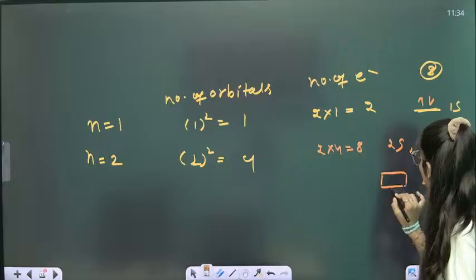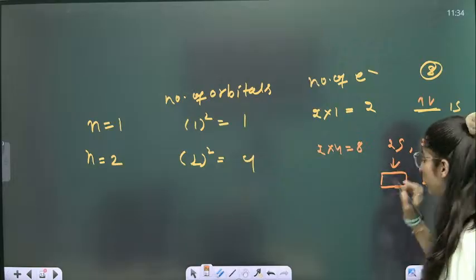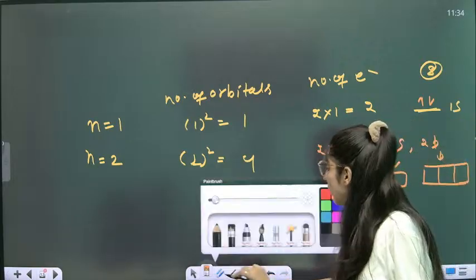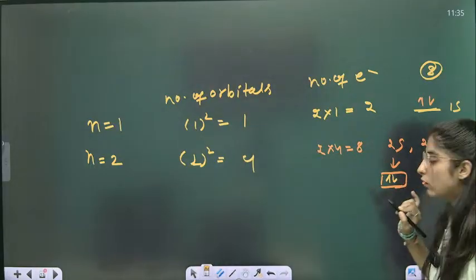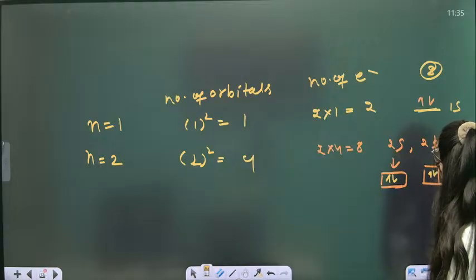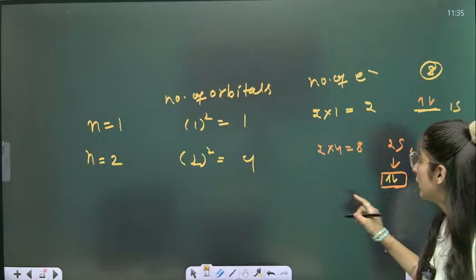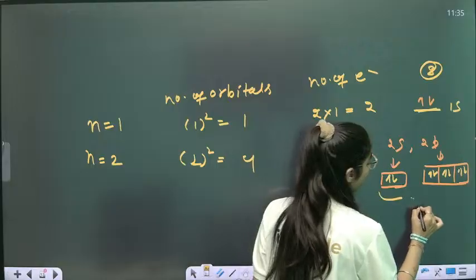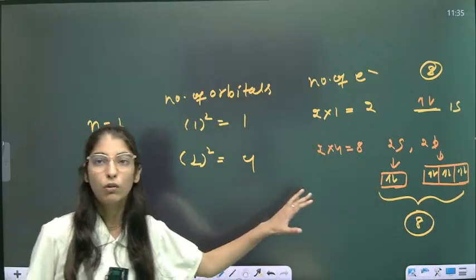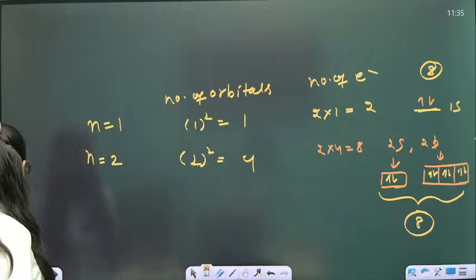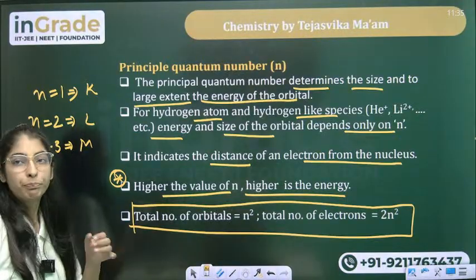Here this is your 2s, this is your 2p. As I told you that one orbital contains 2 electrons, so here 2 electrons will come, here 2 electrons will come, and that's how the total number of electrons will be equal to 8. So that's how you are going to apply these formulas.